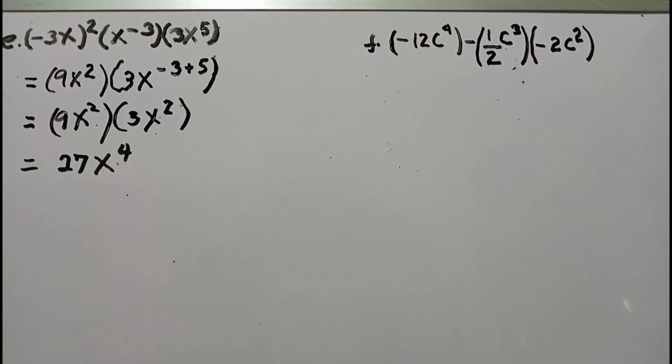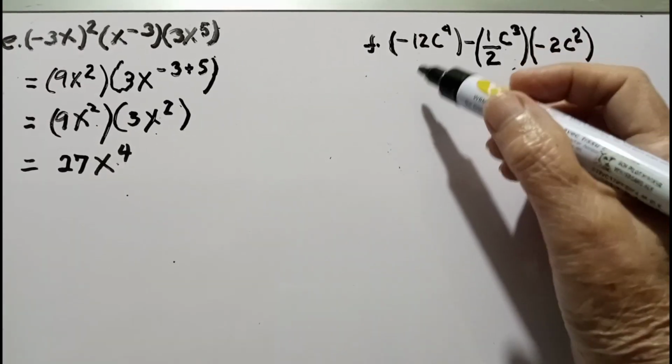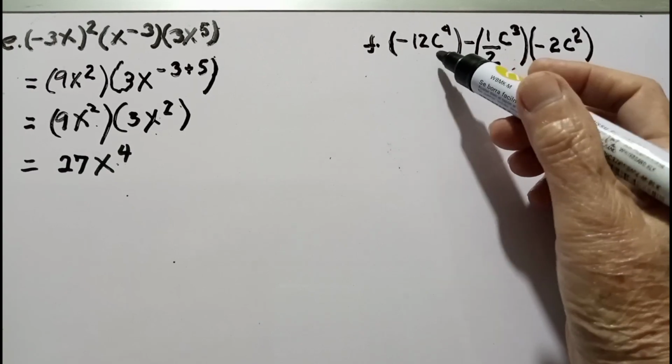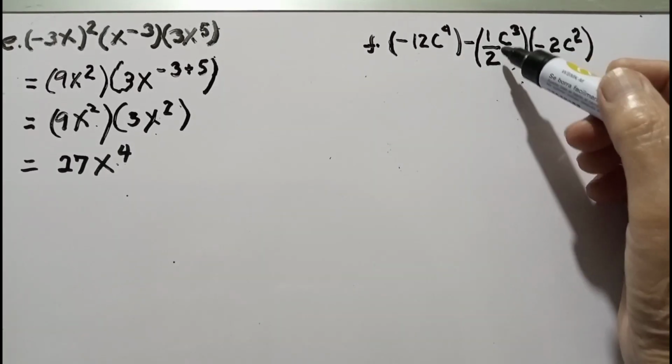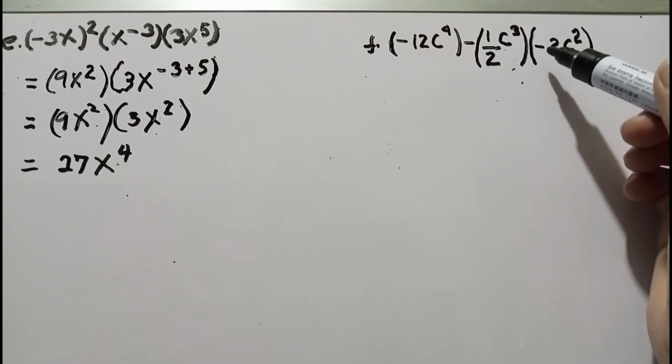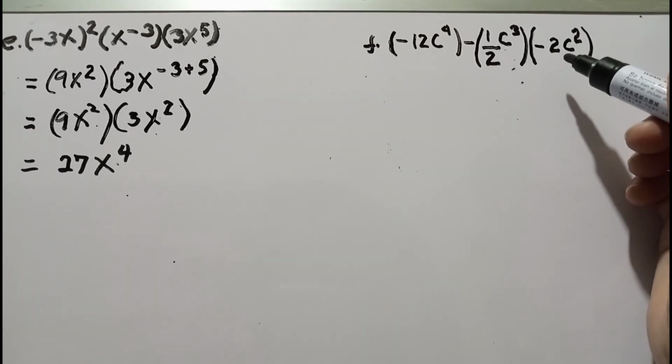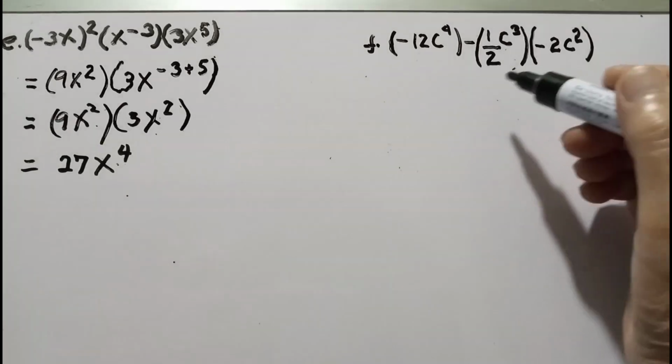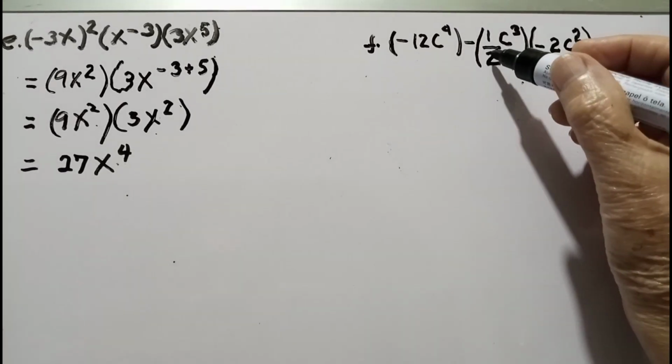Now what about this one? You have quantity negative 12c to the 4th minus quantity 1/2 c to the 3rd times quantity negative 2c to the negative 2c squared. So we can cancel this.